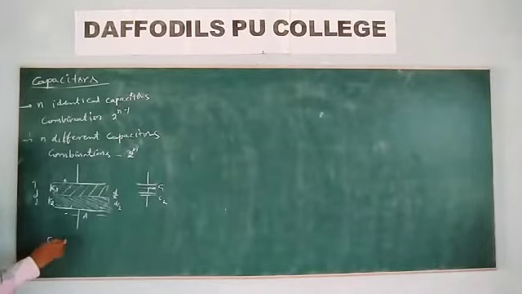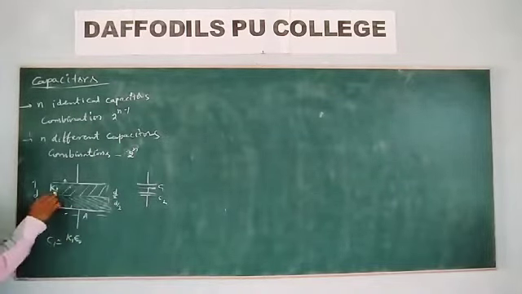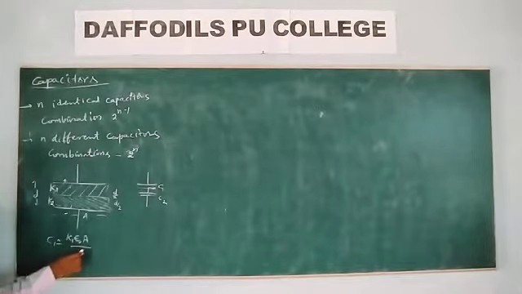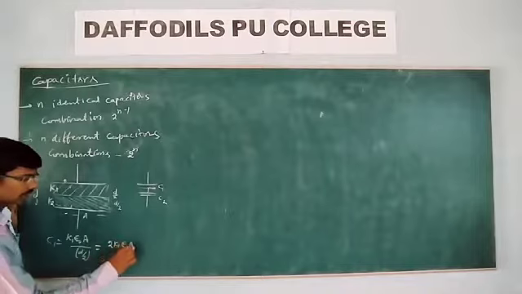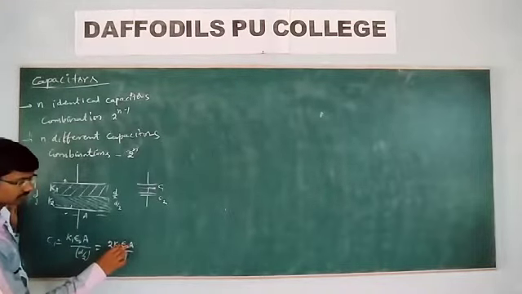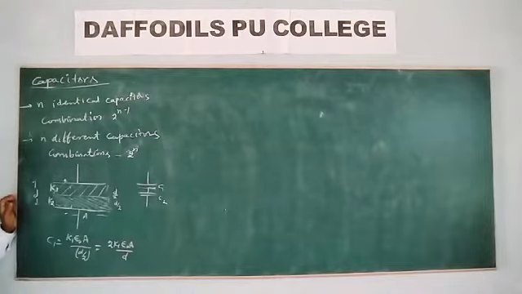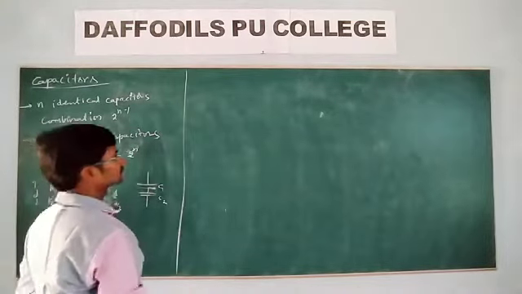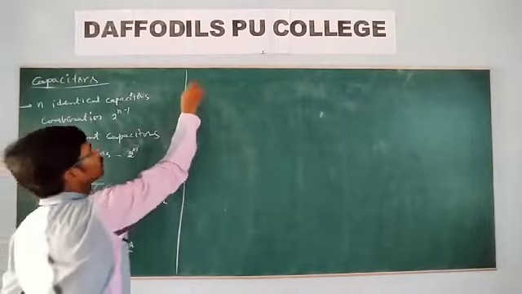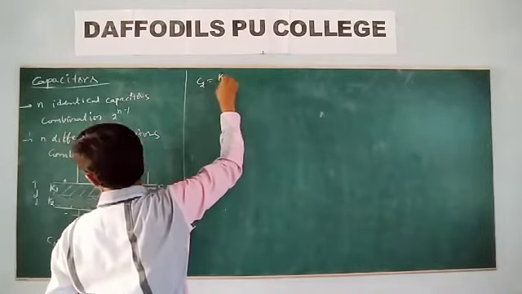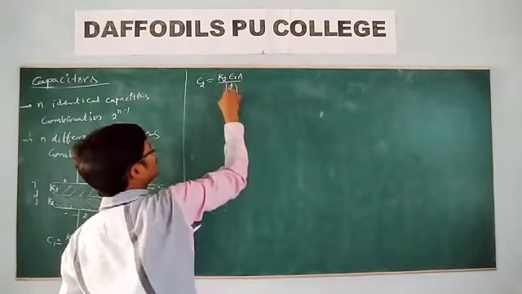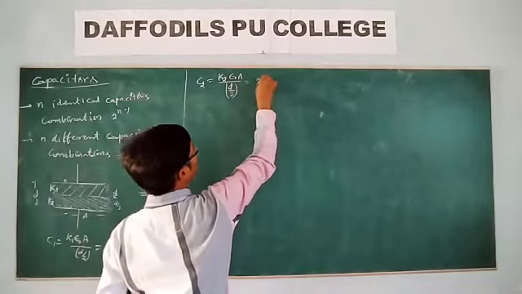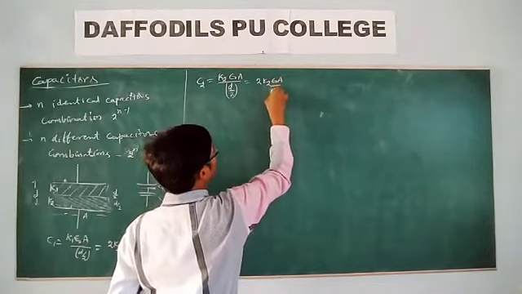C1 is equal to K1 epsilon naught times the area, which remains the same, divided by the spacing D by 2, that is equal to 2 K1 epsilon naught A by D. Similarly, C2 is equal to K2 epsilon naught A by D by 2, which is 2 K2 epsilon naught A by D.